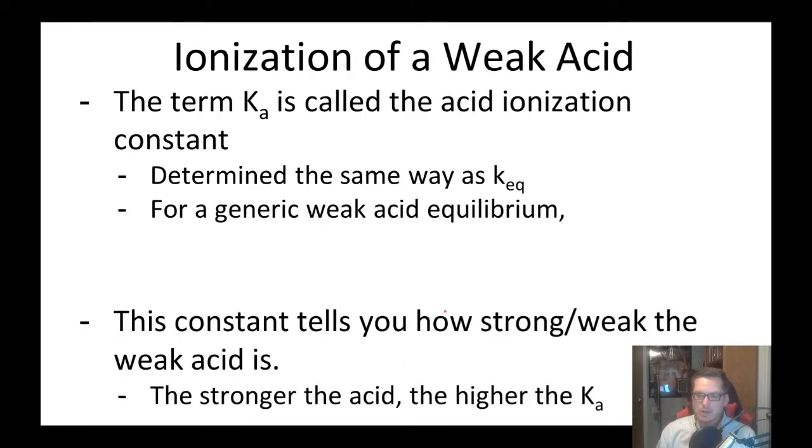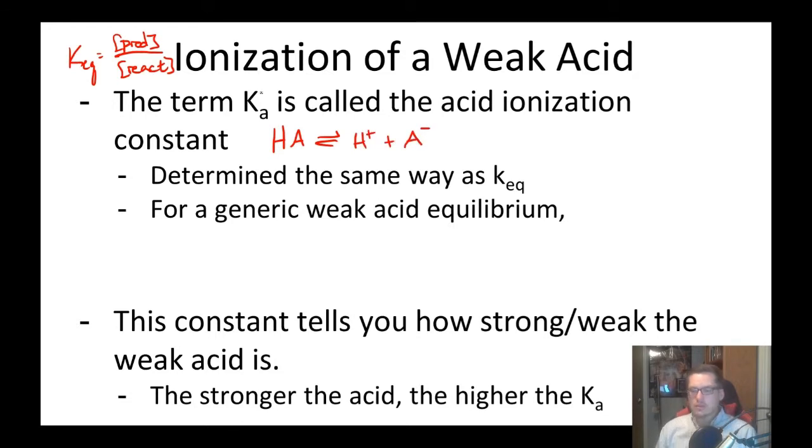Remember we talked about equilibrium and the idea of KEQ. Remember, KEQ was equal to the concentration of the products over the concentration of the reactants. If you don't quite remember how this works, go back to the part 1 video. This term, the Ka, is an equilibrium constant, but specifically it's for our generic reaction that we just looked at, where HA is in equilibrium with H plus and A minus.